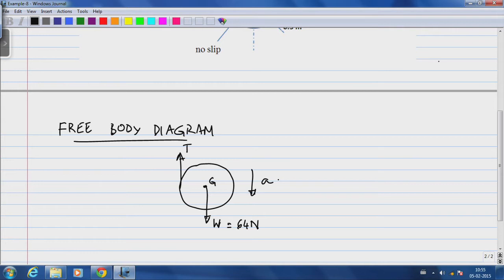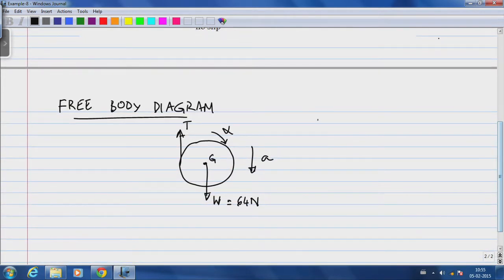So, let us say the acceleration of the mass center is A and the angular acceleration is alpha. The first thing we are going to do is apply the laws of kinematics, which relates the angular motion to the linear motion.